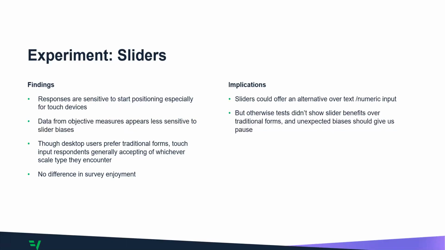Smartphone users might find it easier to use a slider rather than pull up the virtual keyboard to input a number on their smartphone. But otherwise, if you're simply using a slider to replace what can already be done with the traditional radio button, I don't think there's a compelling reason to do so.